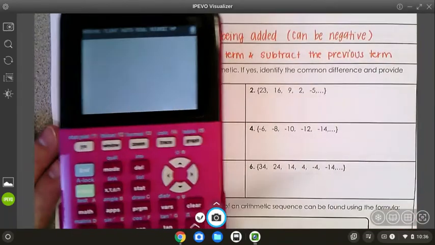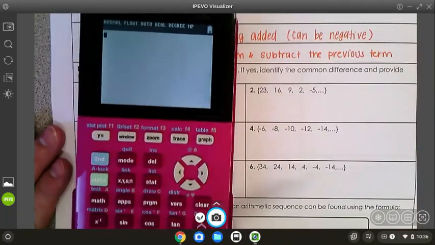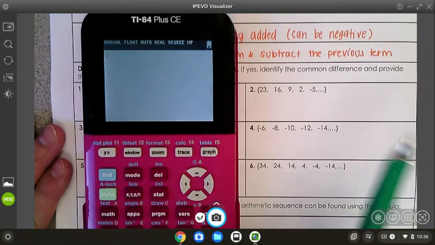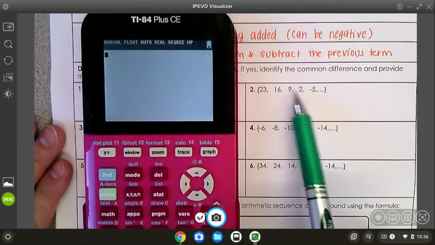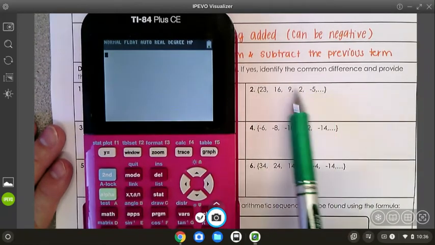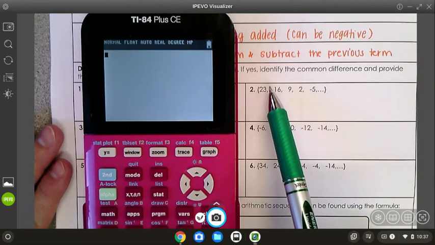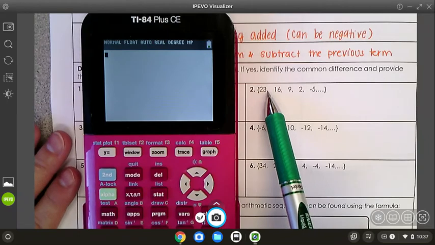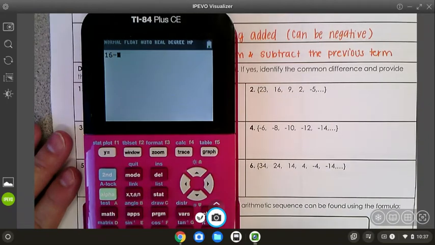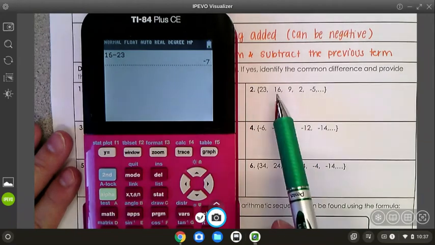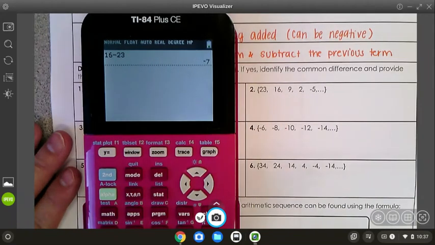But when you get negative numbers involved, you might want to use your calculator. So for example, on number 2, I can tell that these numbers are getting smaller. So my difference, if it is arithmetic, would be a negative number. Let's see. 16 minus 23, negative 7. Let's see if that number stays consistent. 9 minus 16. 2 minus 9.